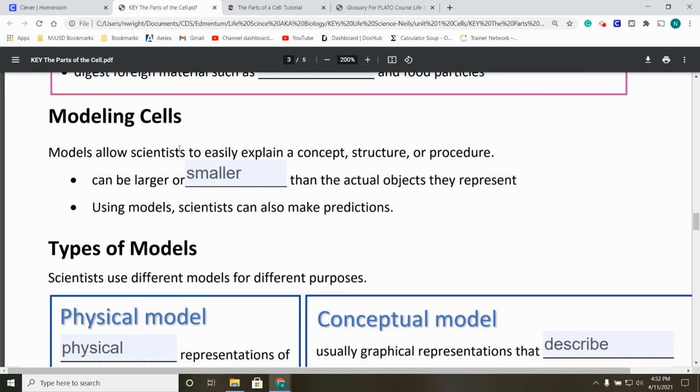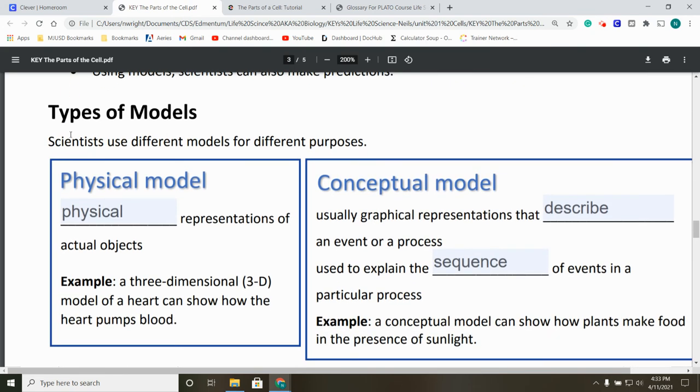Modeling cells. Models allow scientists to easily explain a concept, structure, and procedure. They can be larger or smaller than the actual objects they represent. Using models, scientists can also make predictions. The types of models. You have physical representations of actual objects in a physical model.